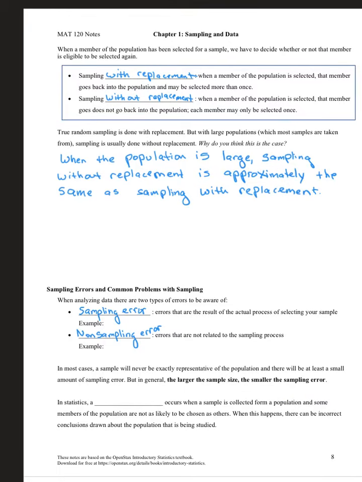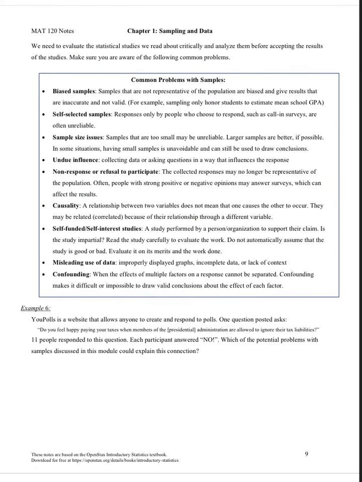And in statistics, a sampling bias occurs when a sample is collected from a population, whereas some members of that population are not selected or not as likely to be selected. On the next page, we have a list of common problems that occur when sampling.